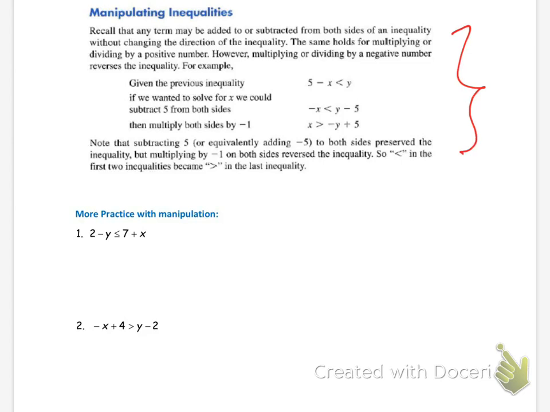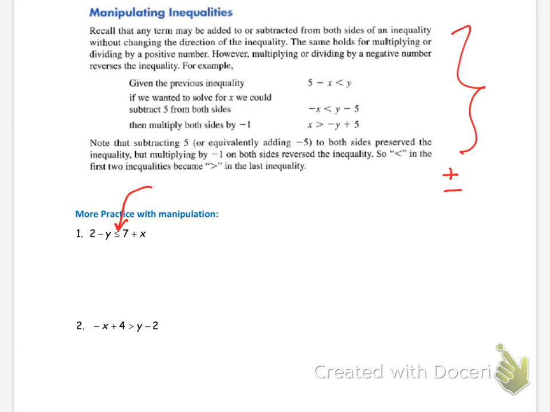They're enumerated here for you, but I'm going to switch things around over here, and I'll show you what I mean about working with these manipulations. Okay, the big takeaway that we're going to stress is that if you add or subtract, you are totally fine. But if you divide by a negative or multiply by a negative, it's going to flip this sign right here. So let's try to work with that.